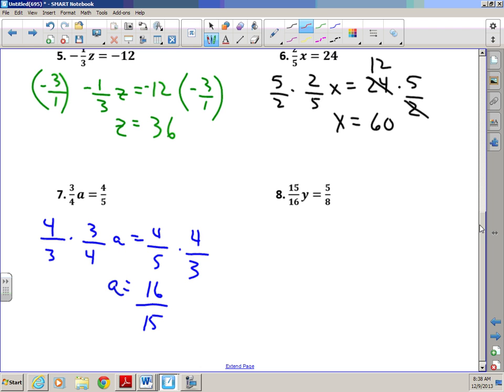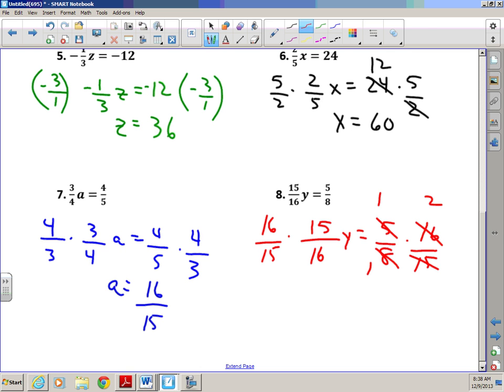And then lastly, okay, I'm going to multiply by 16/15. Now I could do some canceling here to get y equals 2/3, because you always want your answer in simplest form.